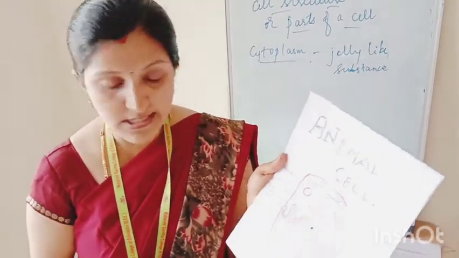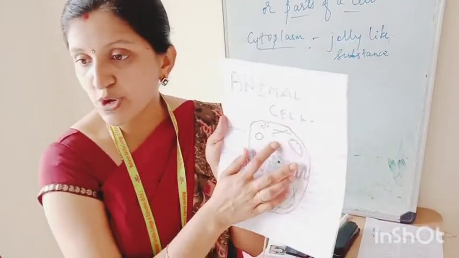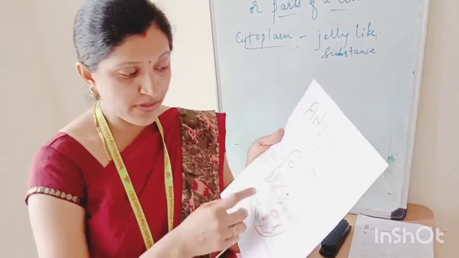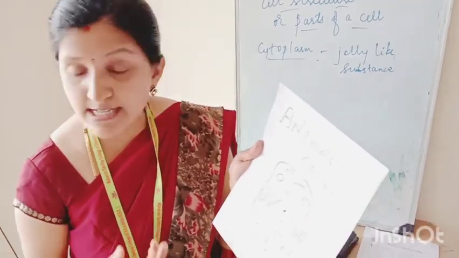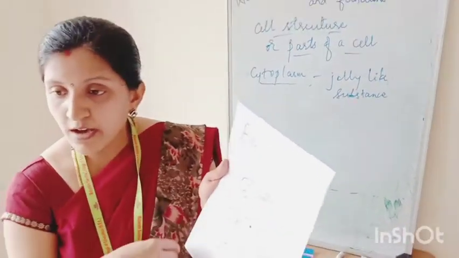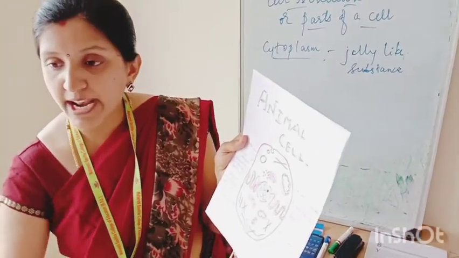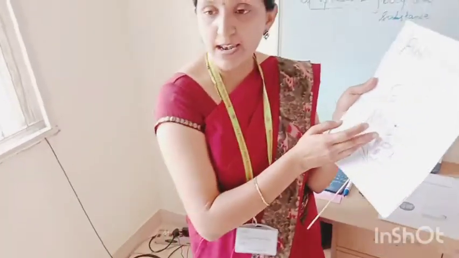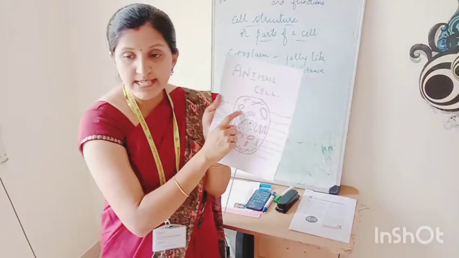The nucleus is the control center, so we'll study the nucleus in detail. Mitochondria is called the powerhouse of the cell. Then the Golgi complex produces certain enzymes helpful for the functioning of a cell. Then the endoplasmic reticulum, where exchange of things happens between the cytoplasm and the nucleus. And then there are lysosomes.